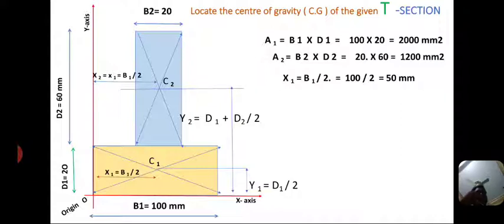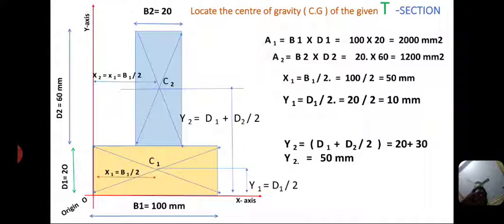Here x1 equal to b1 by 2, half of the base. So x1 equal to 50. Next, y1 equal to half of the depth, that is y1 equal to 10 mm.